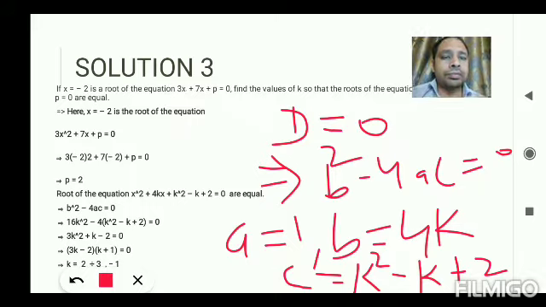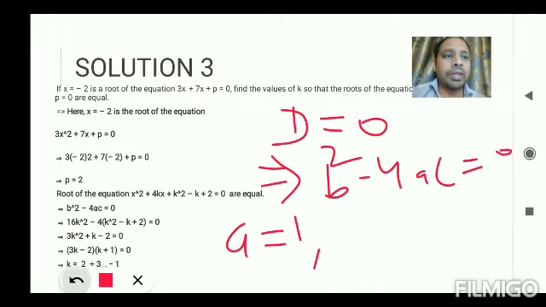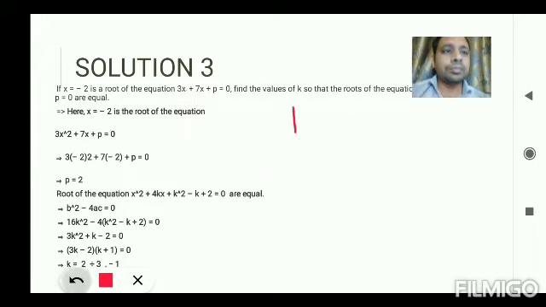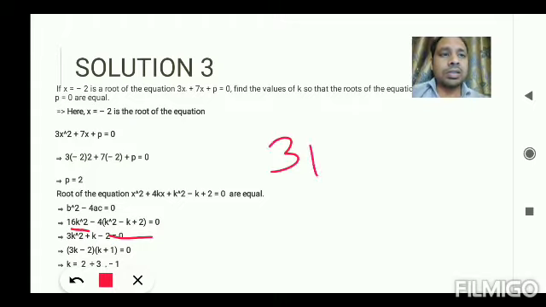Therefore b square minus 4ac can be written as 16k square minus 4 into k square minus k plus 2 equals 0. And if you simplify this one, you will get 3k square plus k minus 2 equals 0.